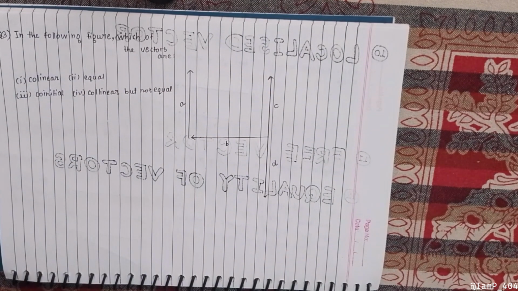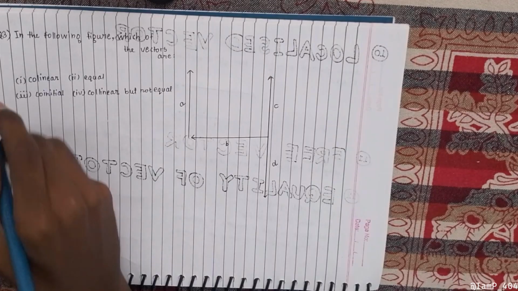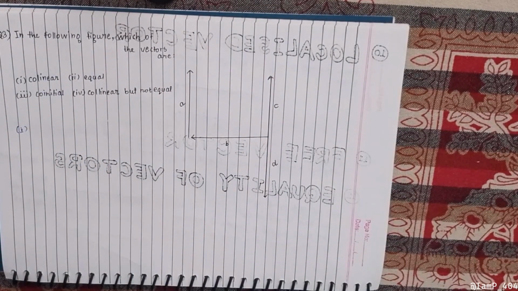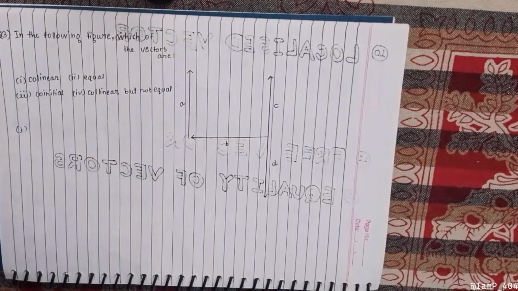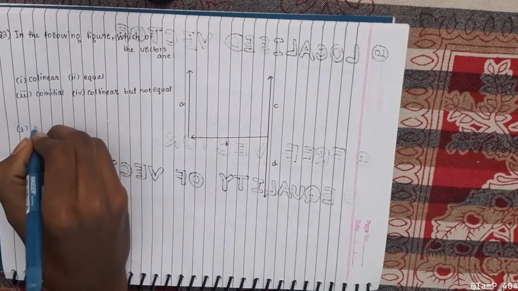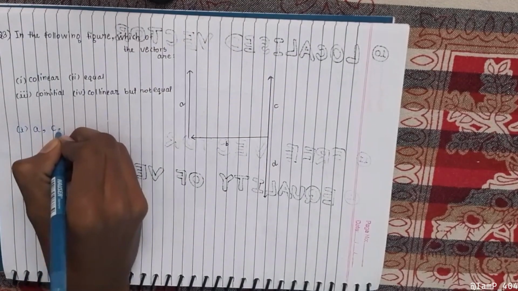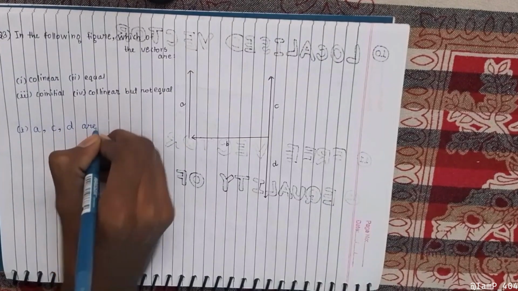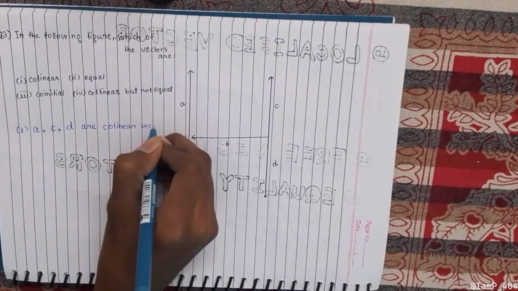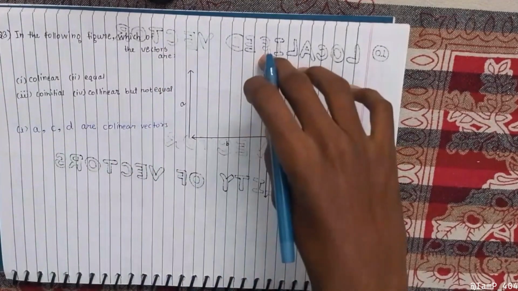For the first, does A have any collinear vector? A, C and D, isn't it? A, C and D are collinear vectors, because A and C have the same support.